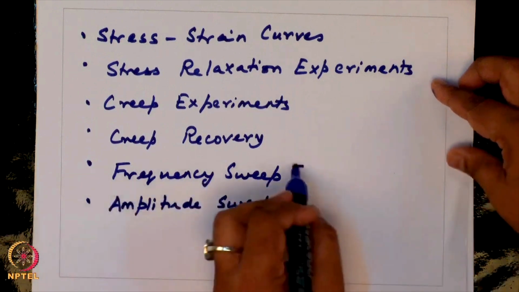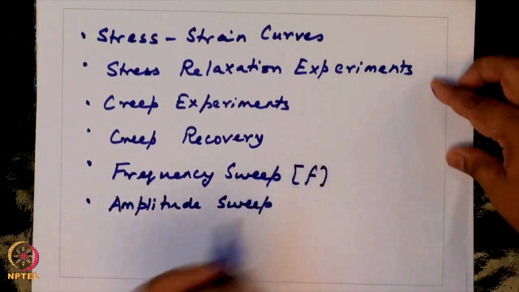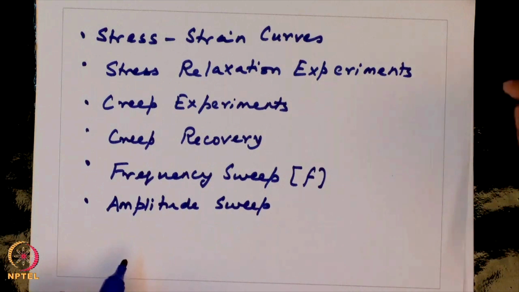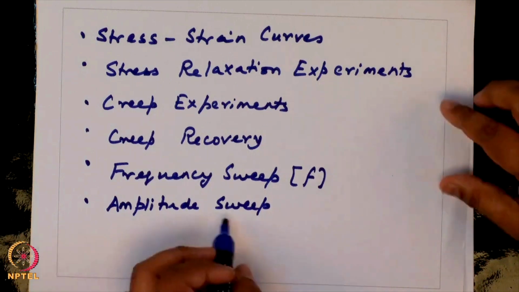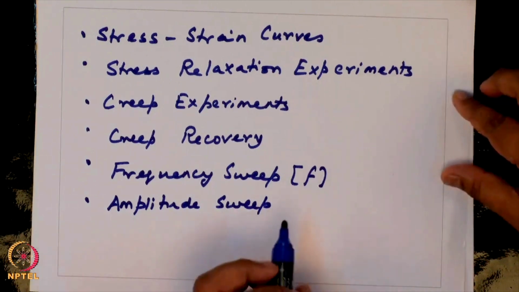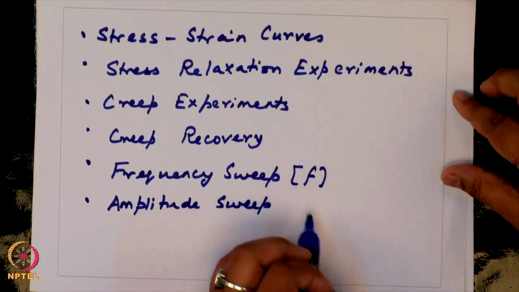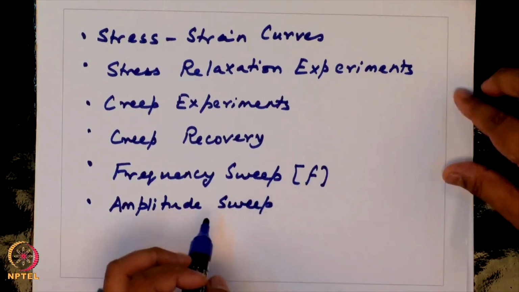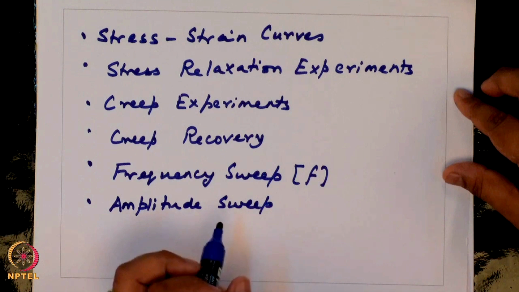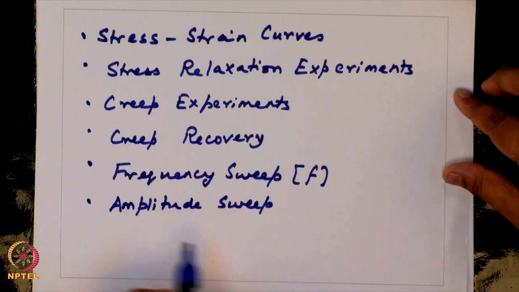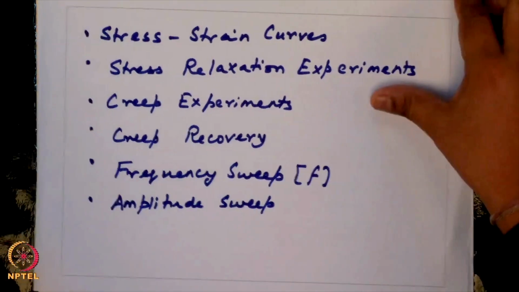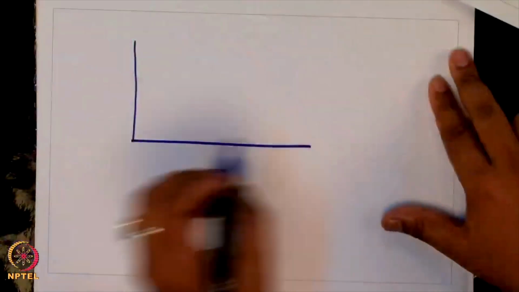So, in frequency sweep, your frequency f changes while you track g prime and g double prime. You can do the same thing in an amplitude sweep, where you keep the frequency constant and you monitor g prime and g double prime as a function of the amount of strain that you impose. Okay. So, a typical case of an amplitude sweep, okay.